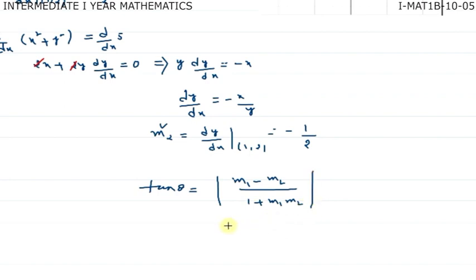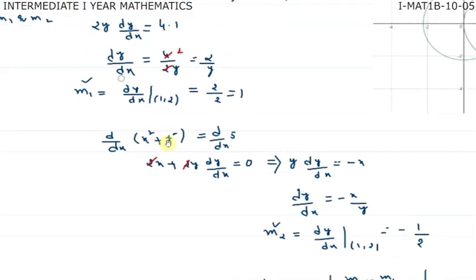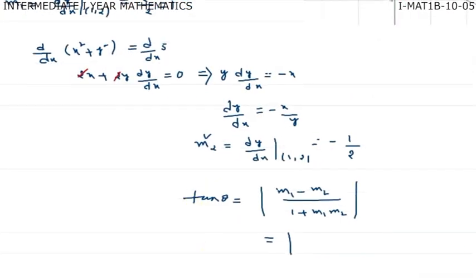So substitute m1, how much did you get? m1 is equal to 1. Now substitute here: m1 is equal to 1 minus m2 is equal to minus 1 by 2. From that I will get plus 1 by 2 here, divided by 1 plus m1 is 1, m2 is minus 1 by 2.